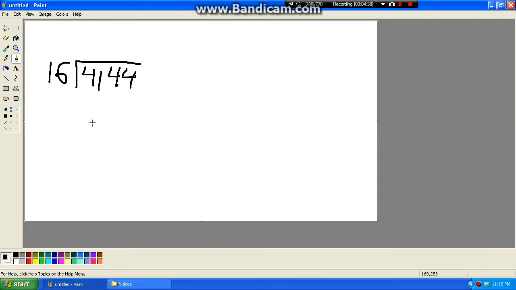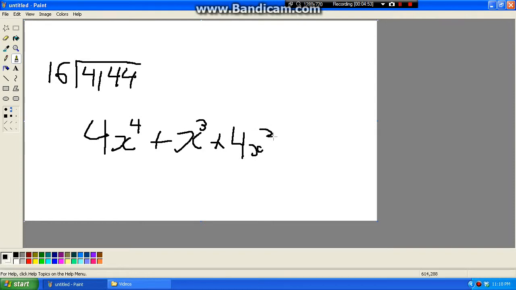It could be rewritten as 4x cubed plus x squared plus... no, not 4x cubed. It would be 4x to the power of 4 plus 4x plus x cubed plus 4x squared plus 4. Oh, never mind, I was totally wrong. I was totally right the first time. Please excuse me. This is a 3, this is a 2, this is just a 1, and this is nothing.